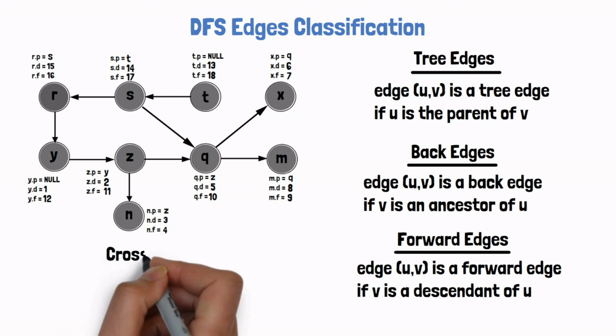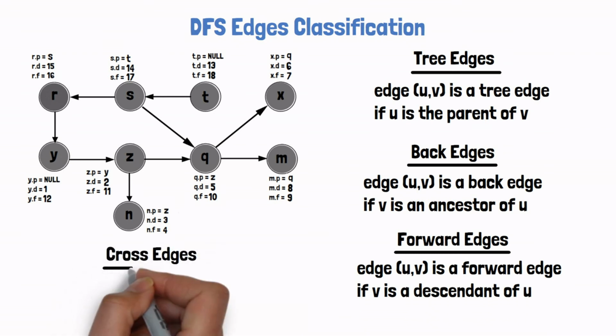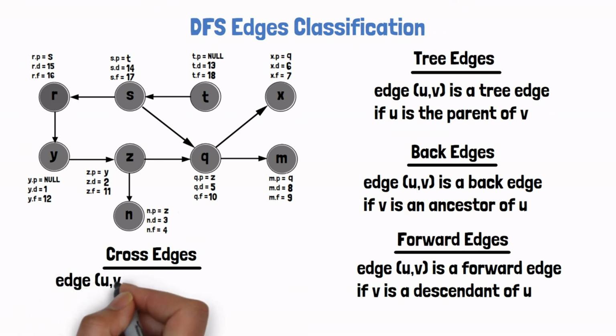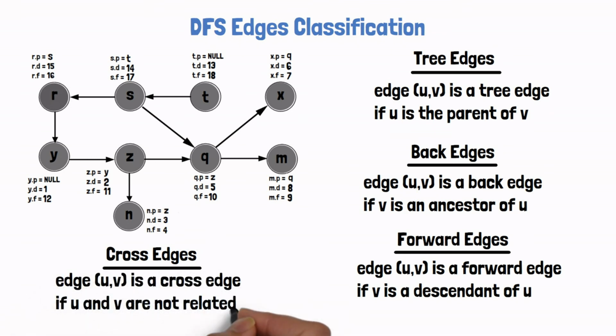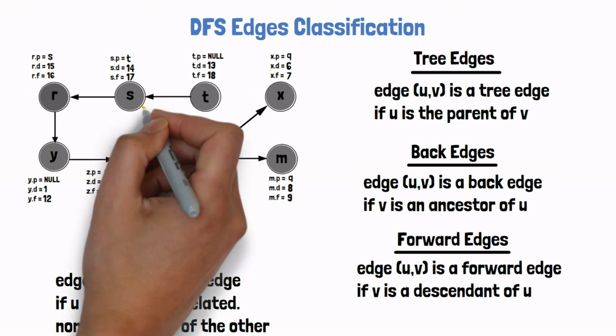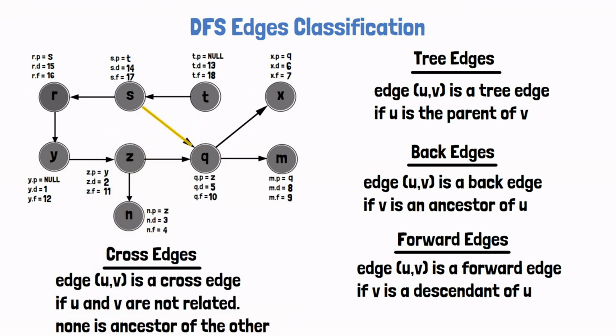Lastly we have cross edges, which are all other edges. We can also say that edge uv is a cross edge if u and v are not related, meaning neither is an ancestor of the other. In the example, a cross edge is between s and q, as they are not related.